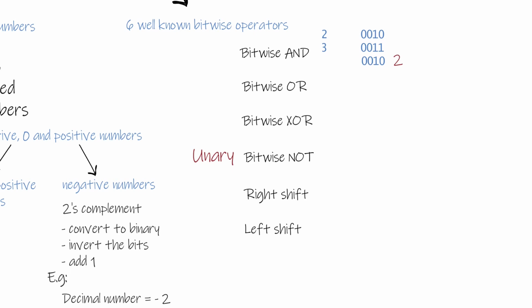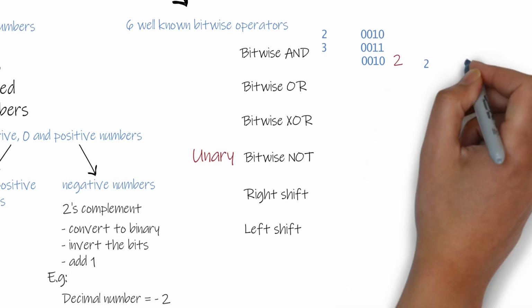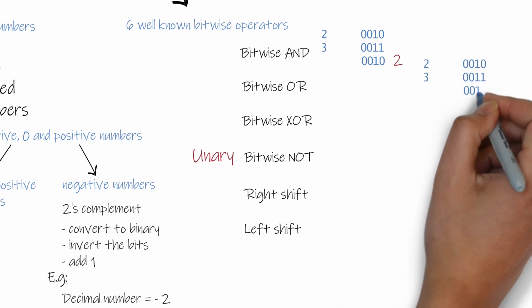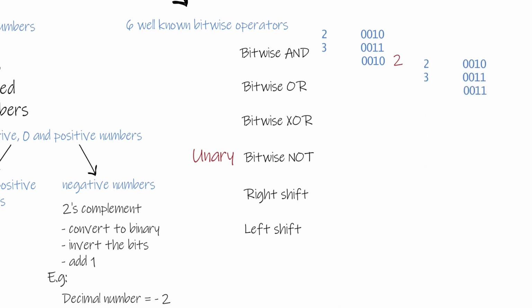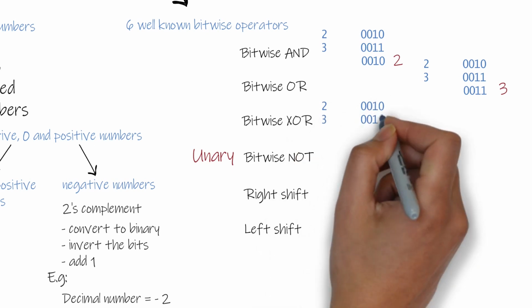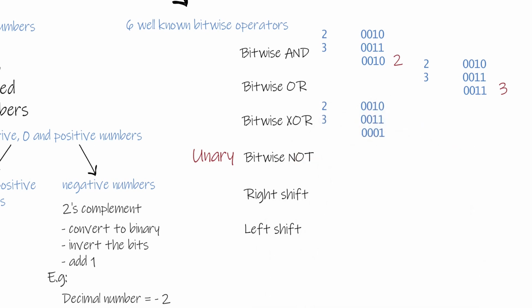Otherwise, it produces a 1. Applying bitwise OR on 2 and 3 will give us 0011, which is equal to 3. Bitwise XOR produces a 1 if both bits are different and 0 in all the other cases. Applying bitwise XOR on 2 and 3 will give us 0001, which is equal to 1.